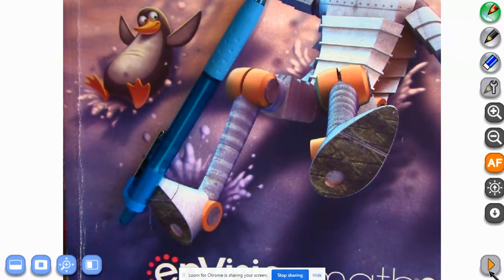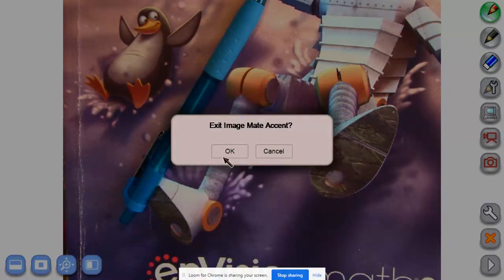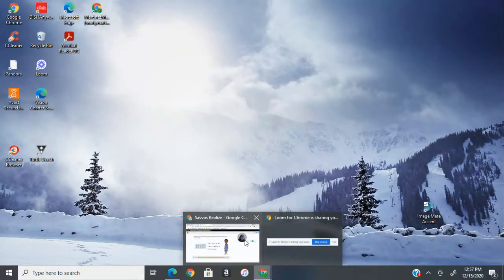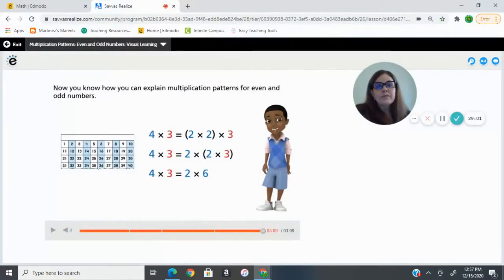All right, so we're going to correct our homework tomorrow, and guess what? Then we will do an interactive notebook, and that will be the last math thing we're going to do for this year.